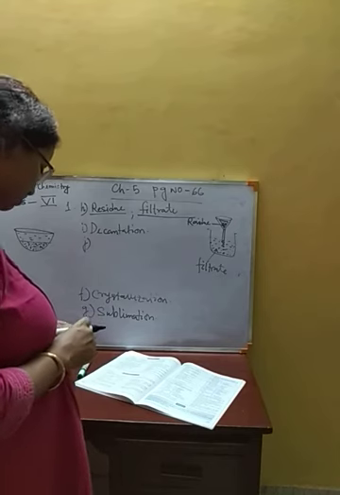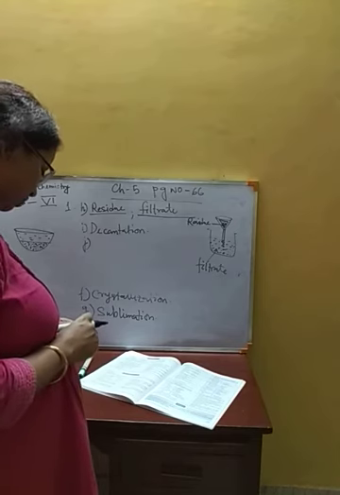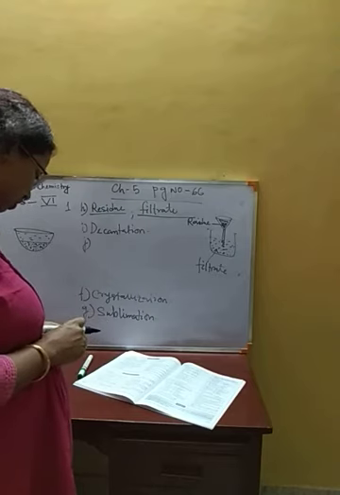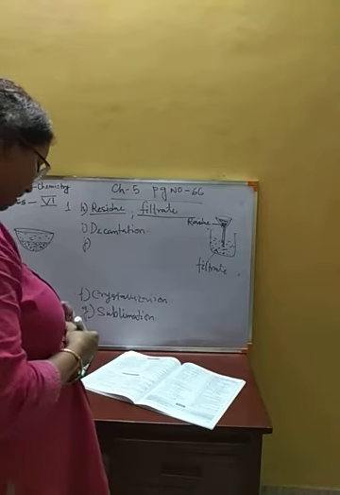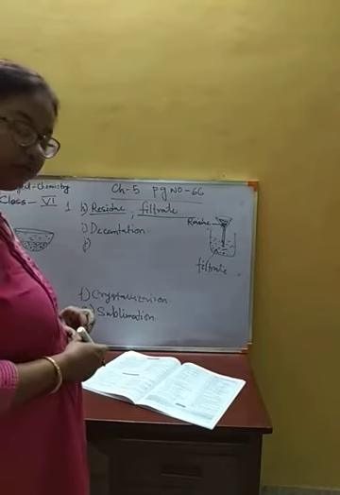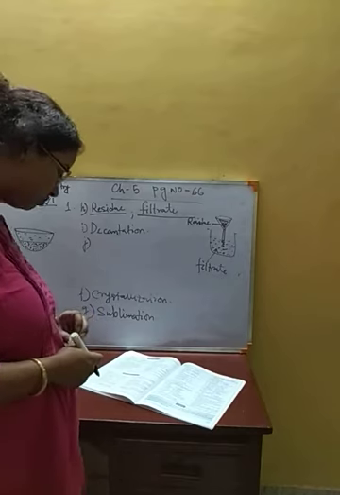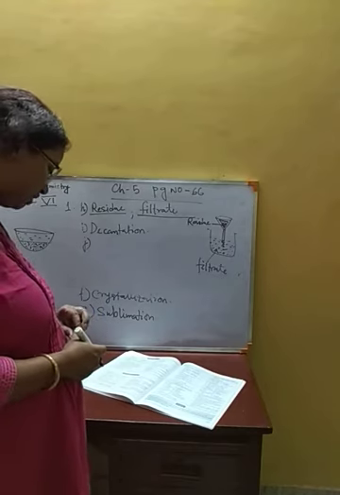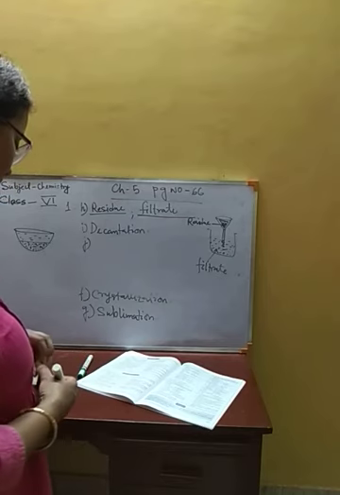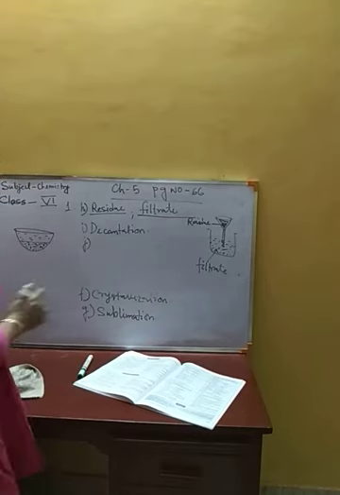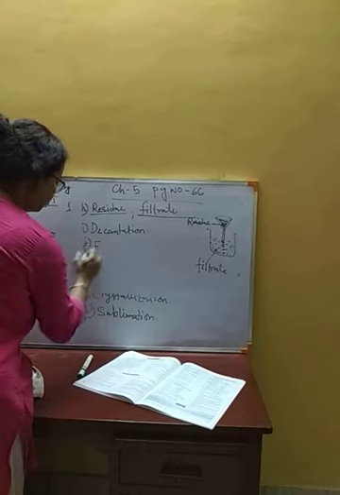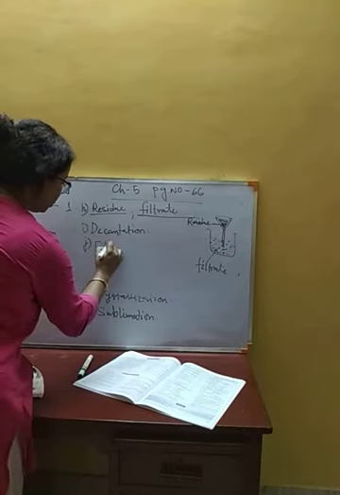Next, dash is a method used for the separation of an insoluble solid from a solid liquid mixture. For an insoluble solid, we can use filtration. This is the better process.